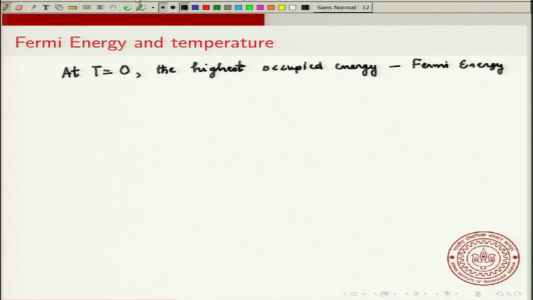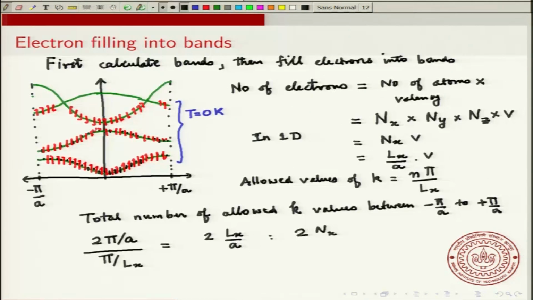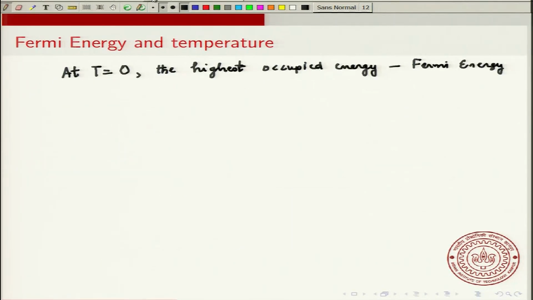If you go back to what we saw, in this case this would be your Fermi energy, because when you filled all the electrons, you reached up to this level.